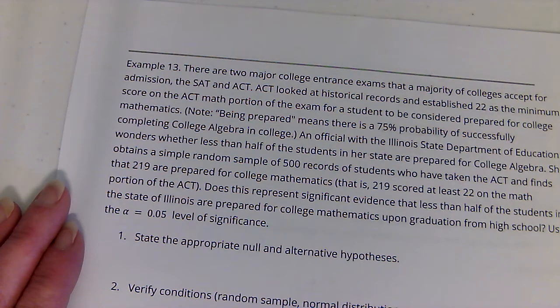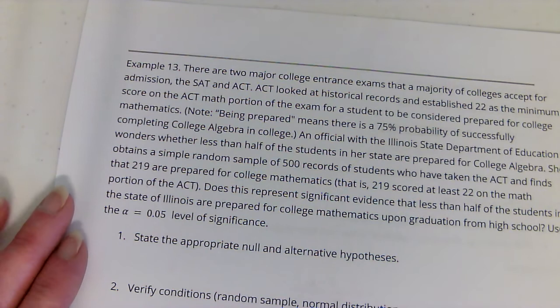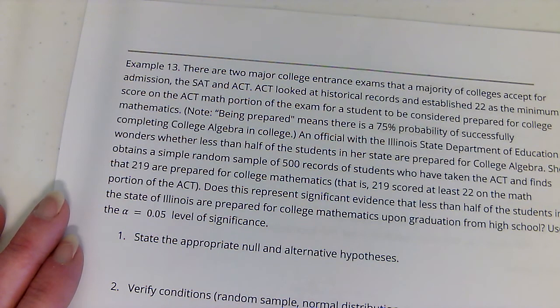An official with the Illinois State Department of Education wonders whether less than half of the students in her state are prepared for college algebra. She obtains a simple random sample of 500 records of students who have taken the ACT and finds that 219 are prepared for college mathematics.